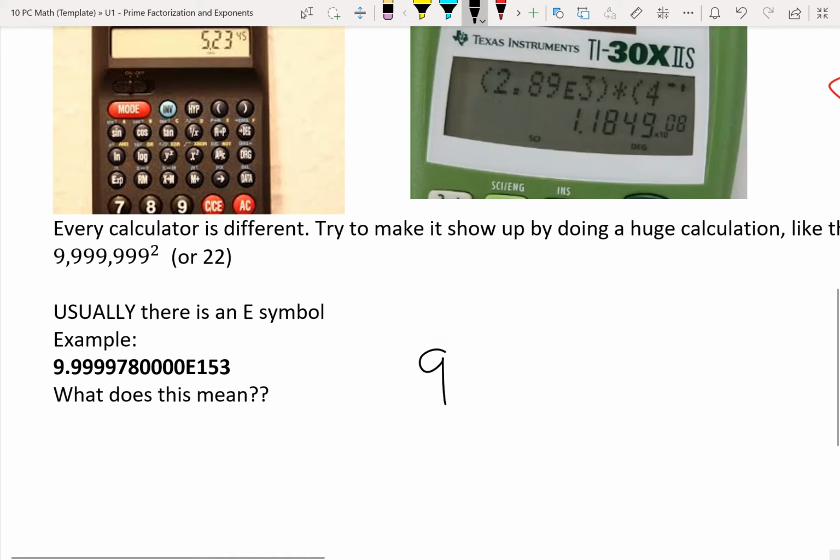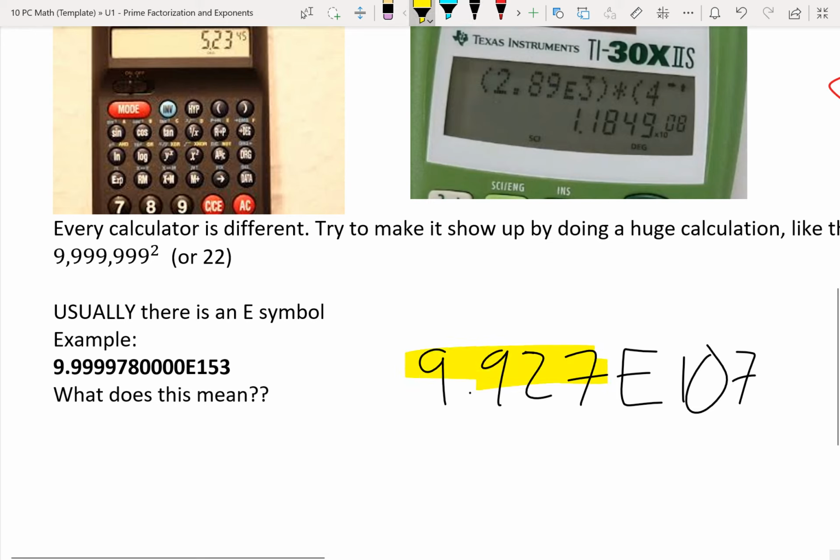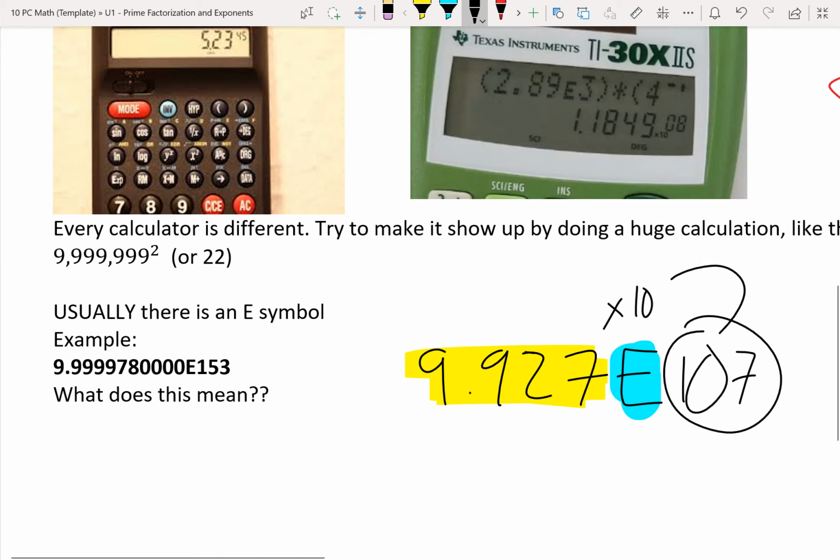It'd be like 9.927 whatever. Then there'll be an E written instead of a number, and then there'll be some kind of number after it. So basically what that means is this is the number being multiplied. This part, this E, basically means times 10 to the power of, and whatever this number is, that's the exponent.